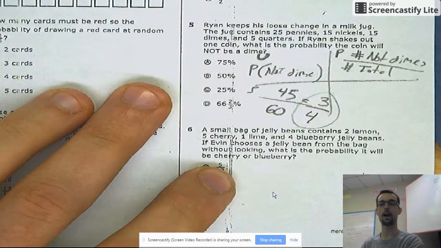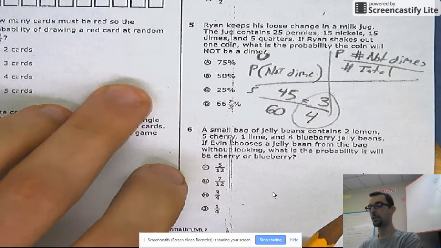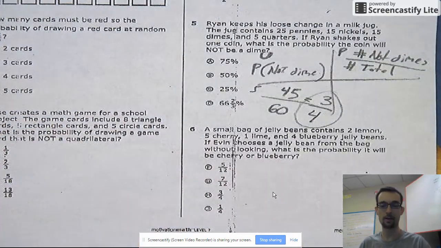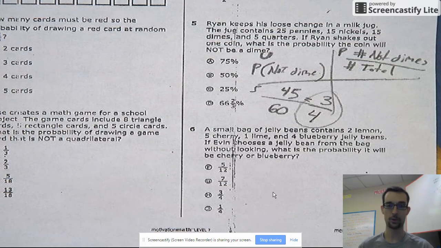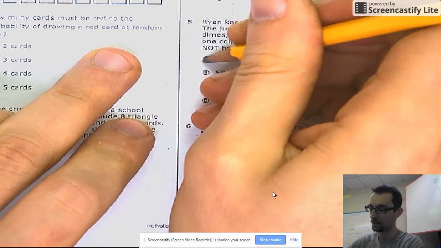All right, so I'm looking for a fraction or a percent that's equal to 3/4. Now, guys, I can't recommend highly enough that you memorize certain percentages. 50%, that's 1/2. 25%, 1/4. 75%, 3/4, which is what I want right here.